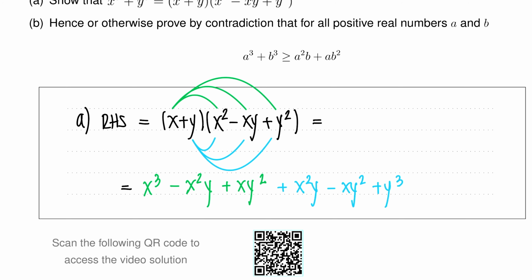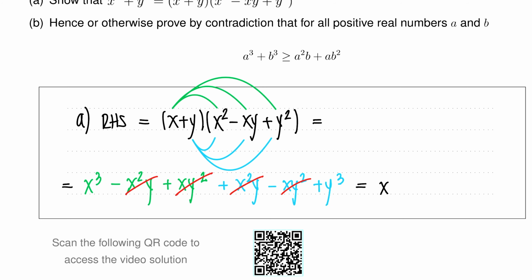We can see that we can simplify 4 of these terms, giving us precisely what we see on the left hand side. So this is equal to LHS. Therefore, it is shown. Now, notice that on question B, you have a hence or otherwise, meaning you might or might not use what you got in question A inside question B.